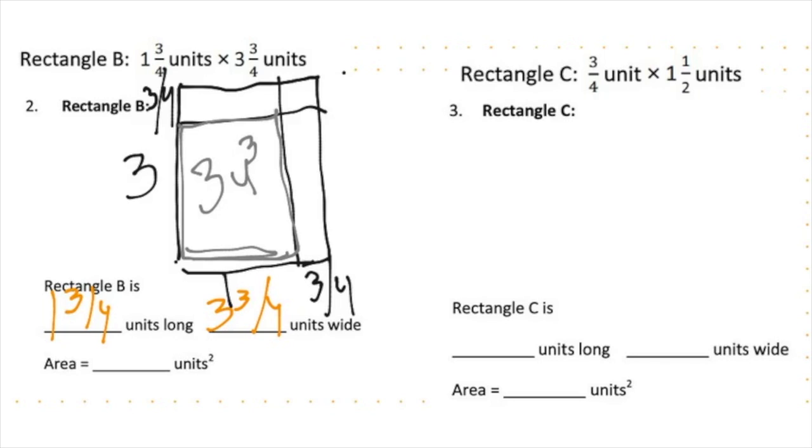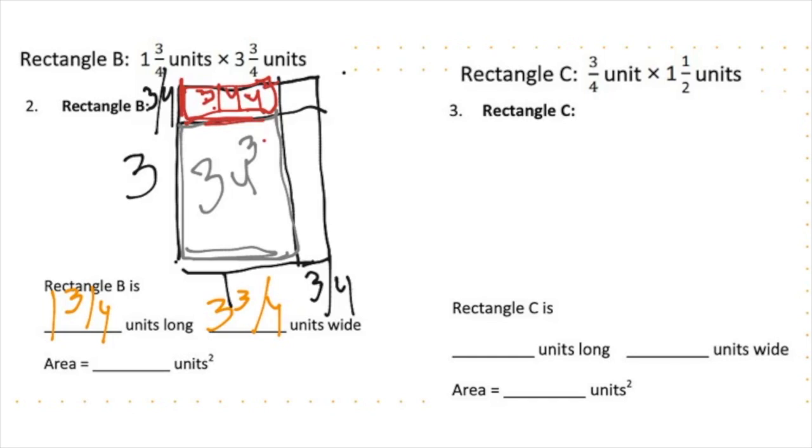Can't forget the units cubed. For our red box, our length is 1 and our width is 3/4. 1 times 3/4, 1 times anything is itself, so this will be 3/4 units cubed. Oh, I'm sorry, units squared.